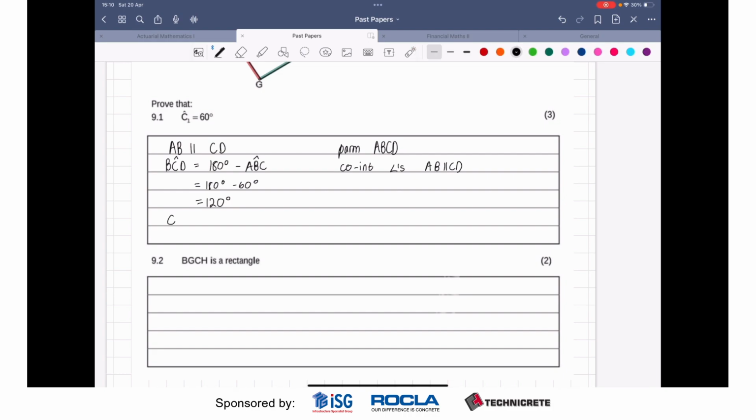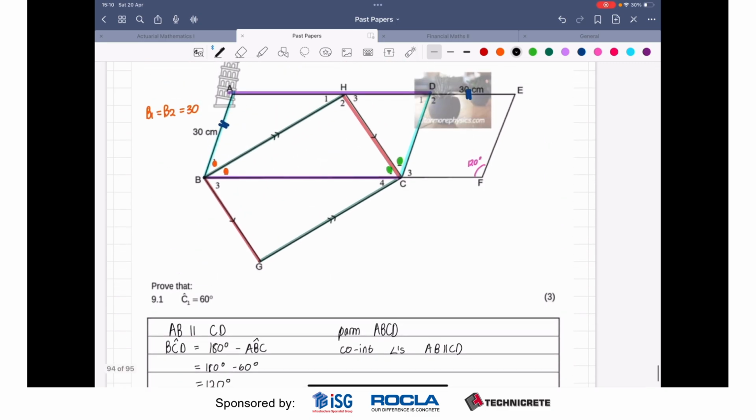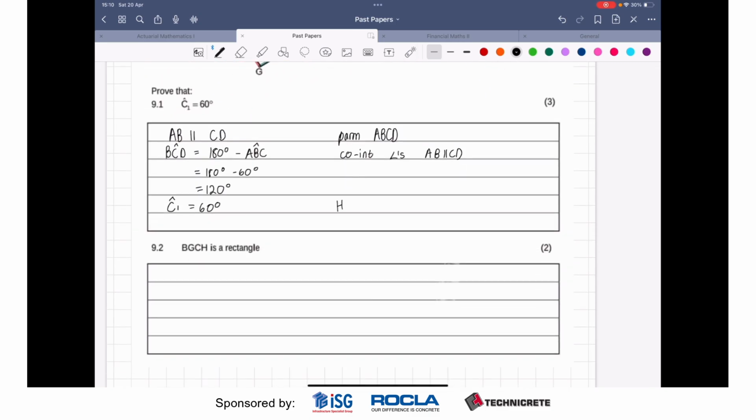So I can say that angle C1 equals 60 degrees, and the reason is that HC bisects BCD.